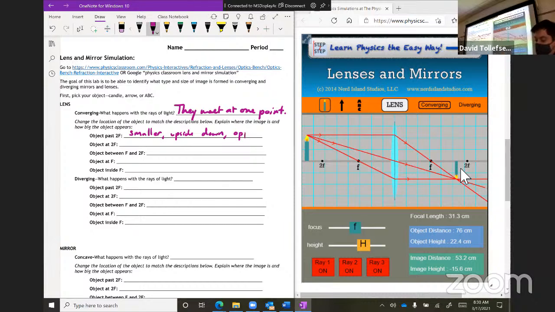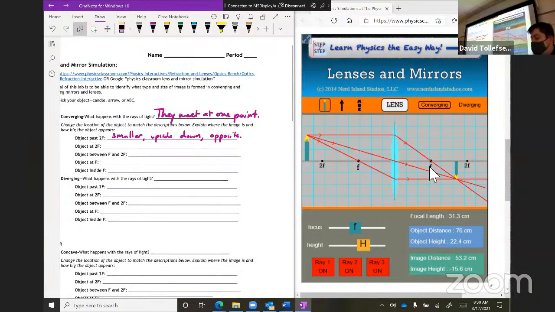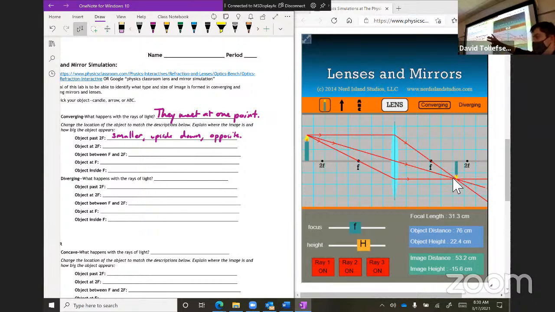Opposite side. Because all the light rays are coming to this point, we say that it's projected. It's projecting an image through, and I will show you what that looks like because I have a candle and a lens, and we can project the image of the candle, and it'll be upside down.